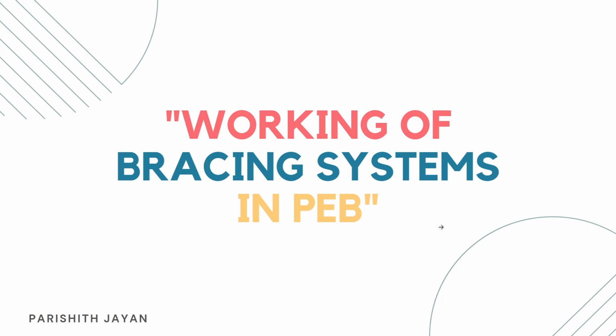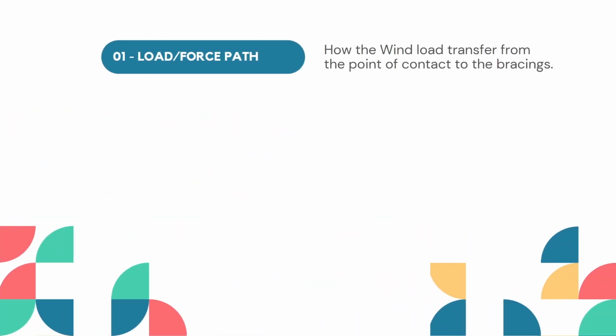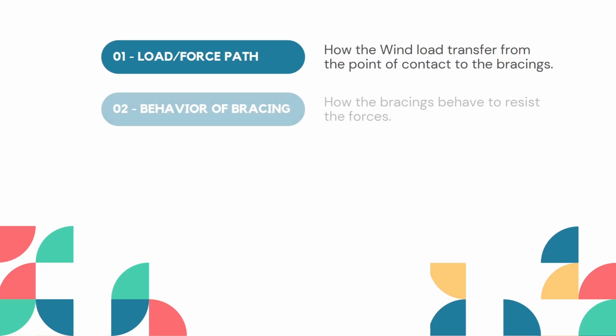Today we are going to discuss the process of force transfer in the bracing system. The video is subdivided into 4 sessions. Firstly, the load or force path. In this session, we will be discussing how the wind load transfers from the point of contact to the bracings. Secondly, the behavior of bracing.